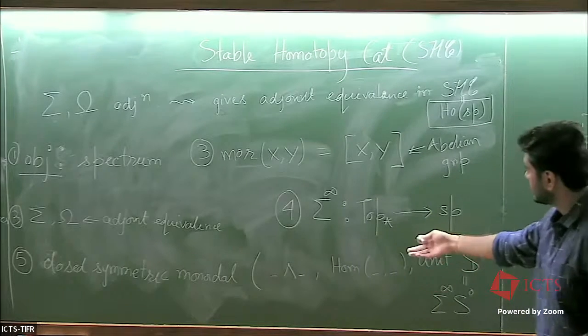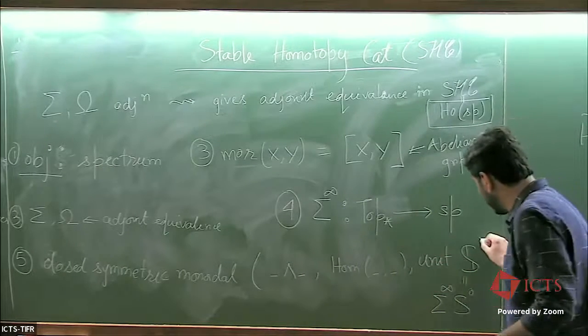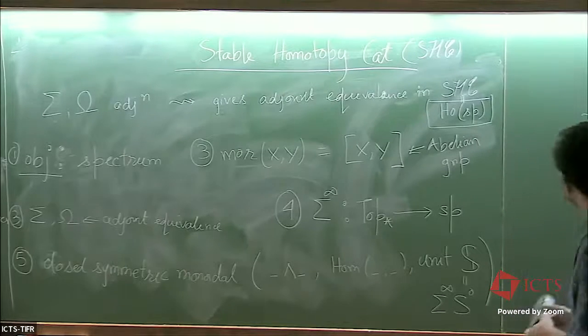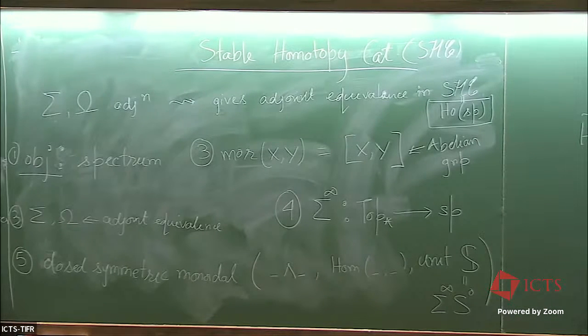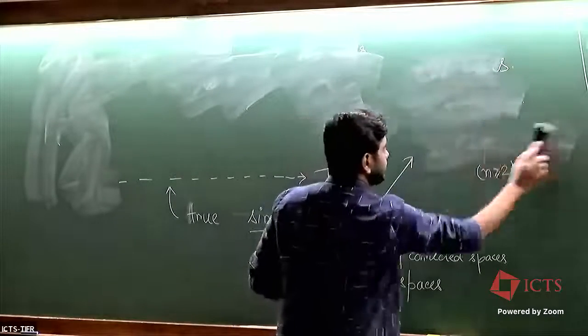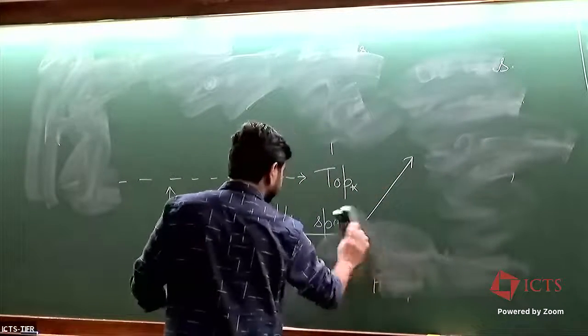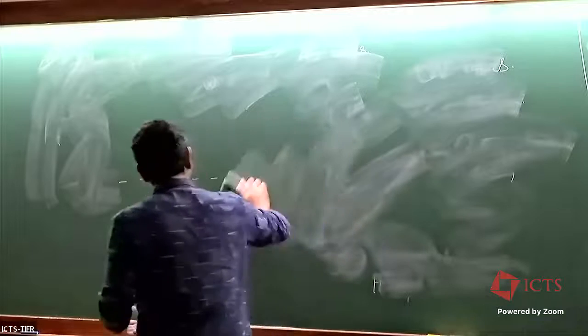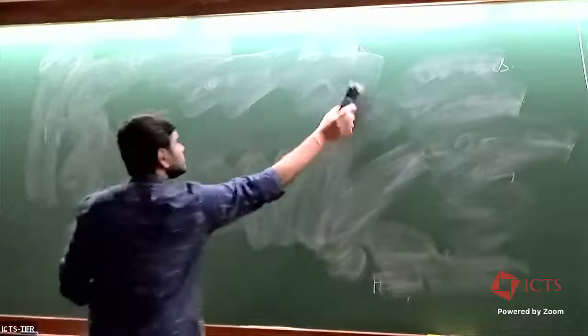So under this suspension spectra, the unit is this sphere spectrum. And this is also a triangulated category.